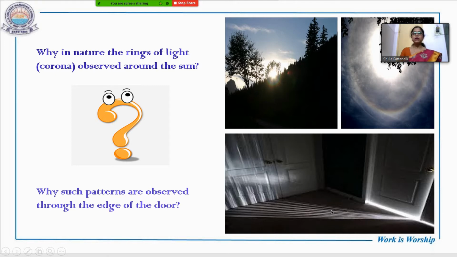But what do you observe here? A number of patches are there, bright and dark patches. So it shows that light is bending and spreading in certain regions. Students, this is because of another phenomenon related to light, that is diffraction. Diffraction can also be explained by a property of light. Which nature? Wave nature of light.